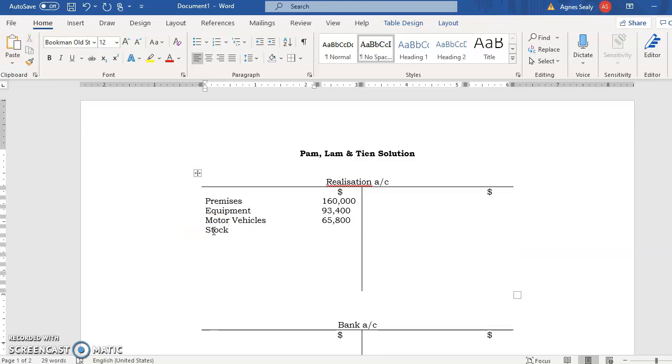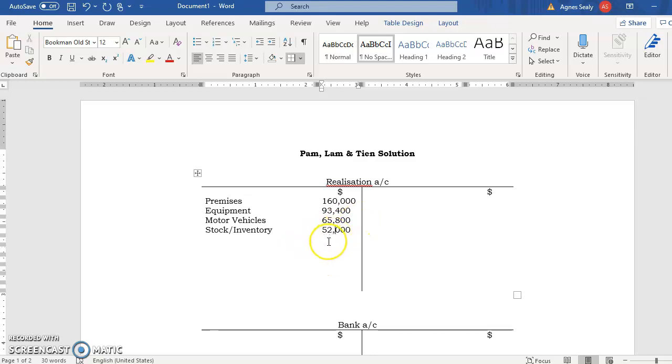Debit stock, or inventory, I want to call it that, and credit the inventory account for the $52,000 to close this off the books as well. So these are our assets that are being closed off. We have just transferred the book values of all of these assets to the realization account.